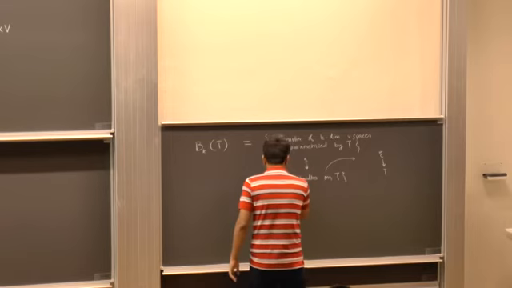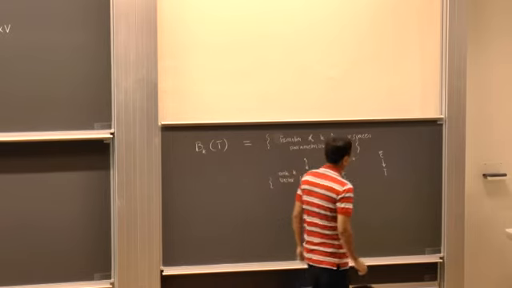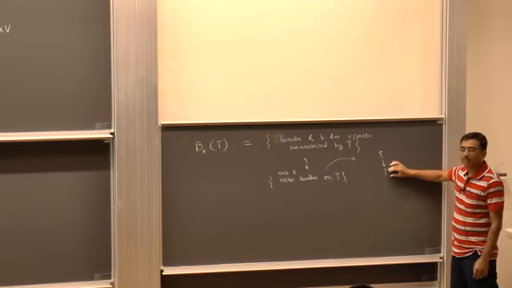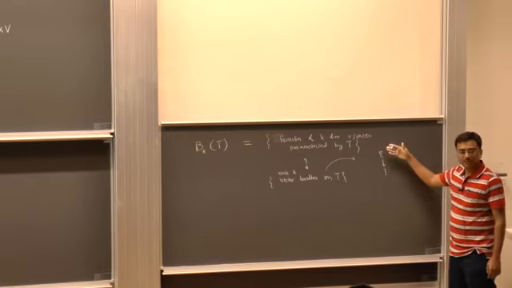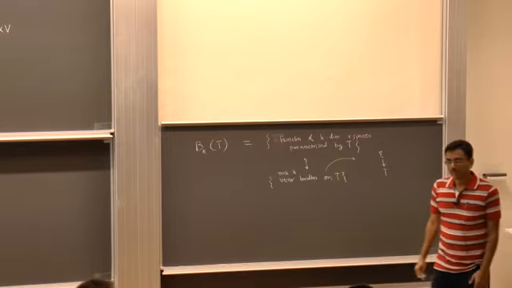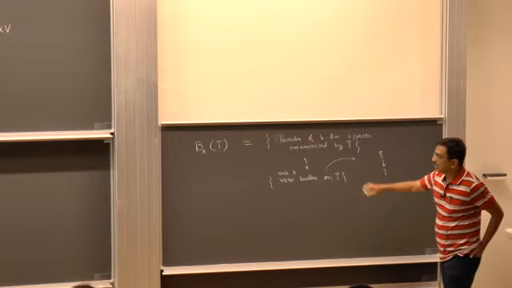I should say rank k vector bundles on T. So this is my notion of a family.